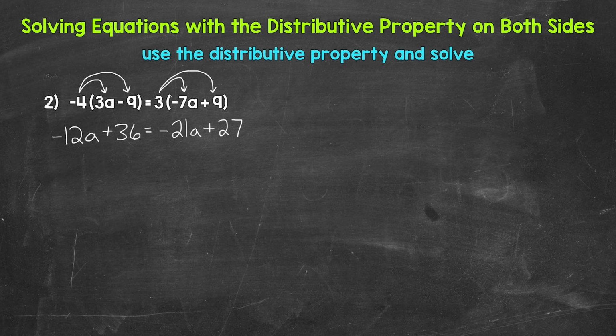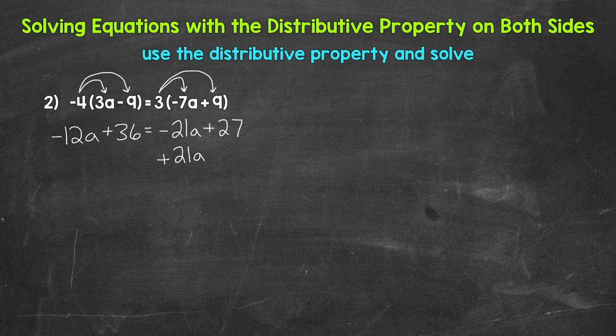This will help us keep our coefficient positive and just make things a little simpler to work with. Now that's a -21a, so we need the inverse operation. That's going to be addition. We want to add a positive 21a in order to get rid of the variable from that side.